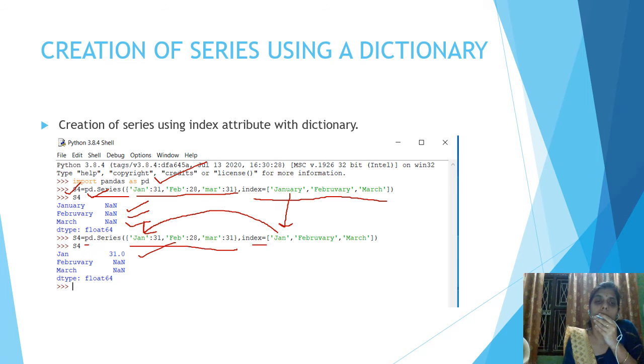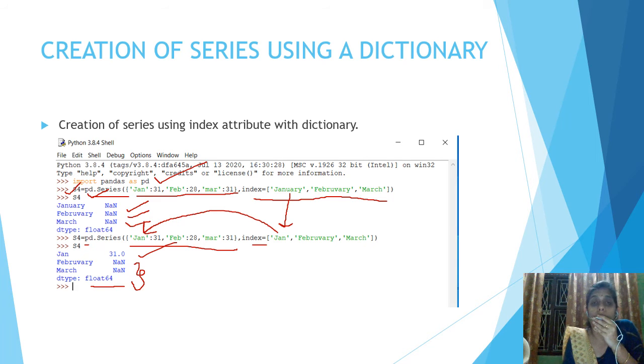But for February and March there is no associated value, so it takes NaN, not a number, and the default data type is float64 because no value is defined for February and March, so it will take not a number in place of any value.